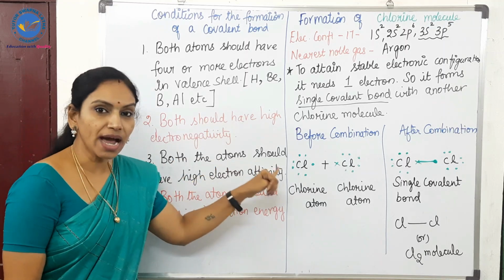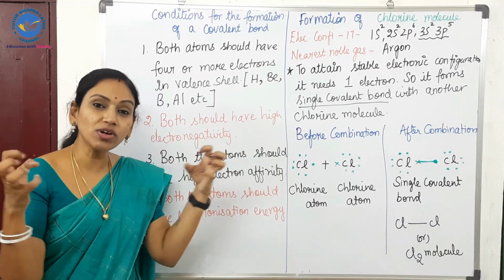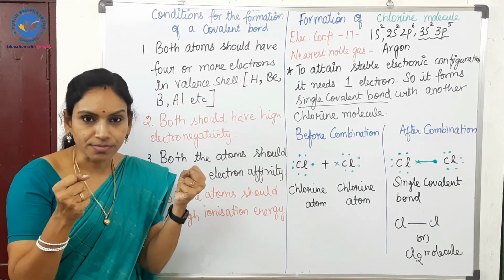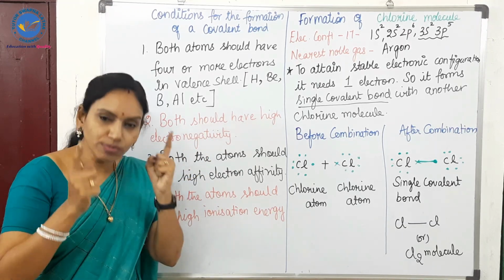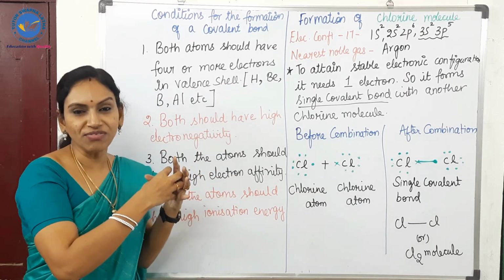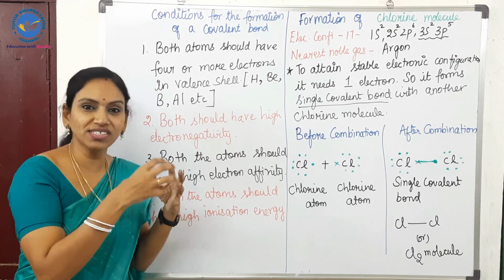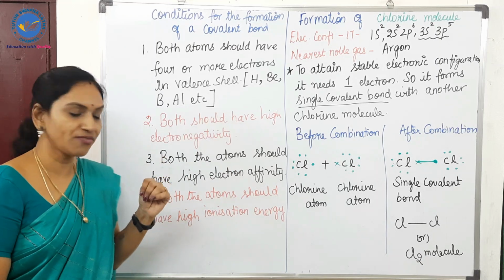Next, both the atoms should have high electron affinity. Affinity means electron attracting power, a strong force of attraction to pull the leftover electron towards itself. So that is high electron affinity.